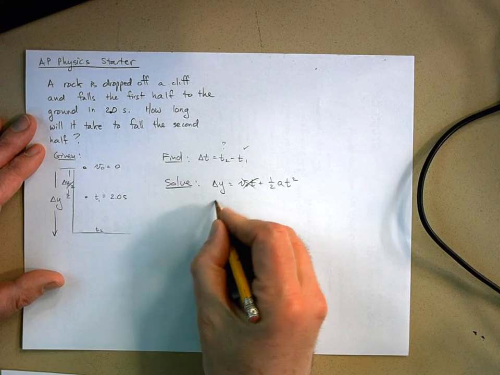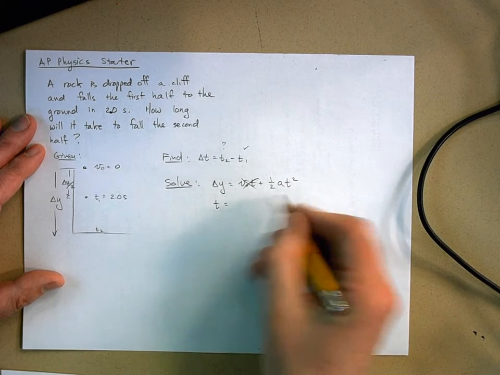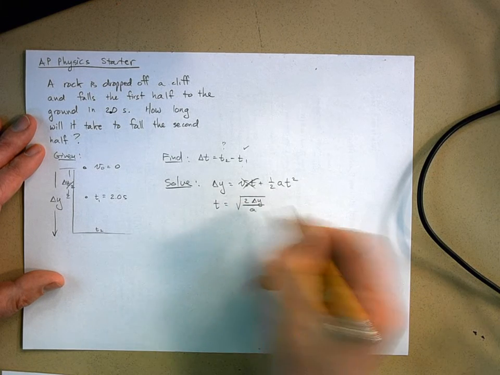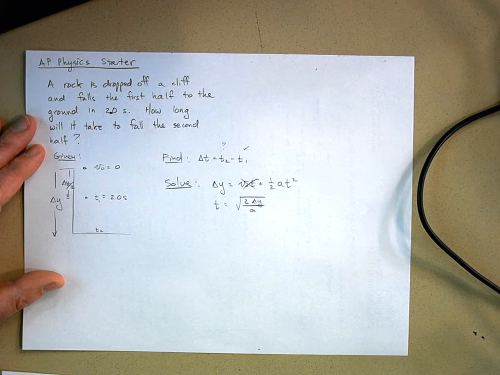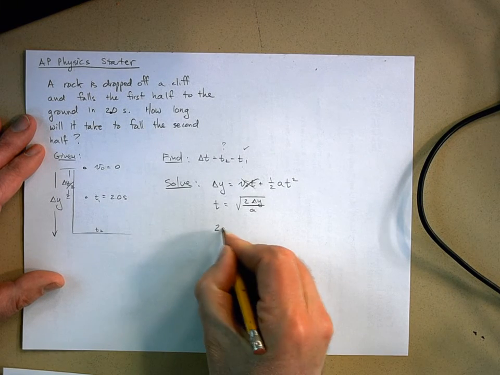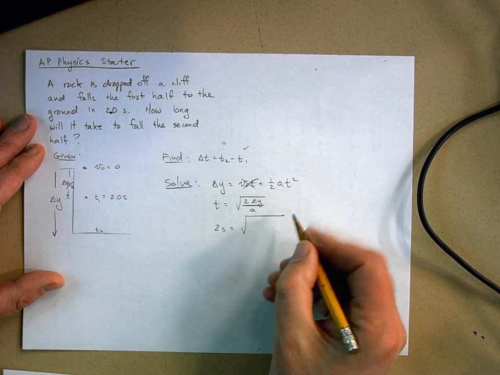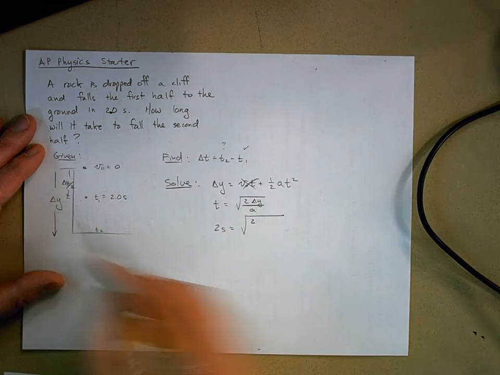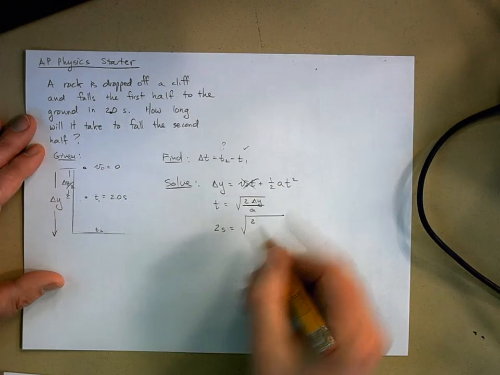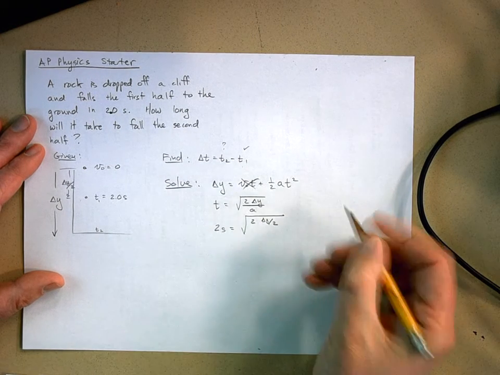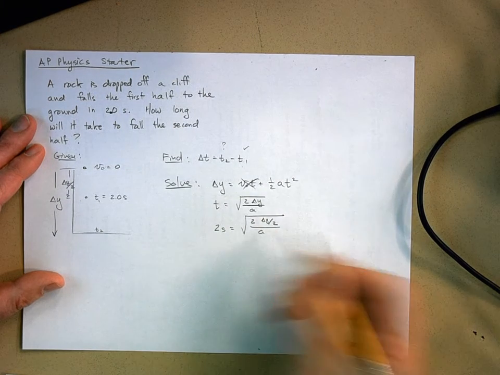If we solve for t in general, t is equal to the square root of 2 delta y over a. In this case, at t1, we have 2 seconds is equal to the square root of 2 times the total delta y, over 2, over a.